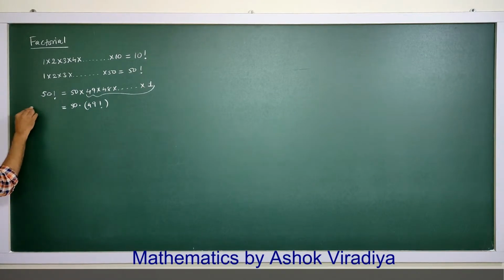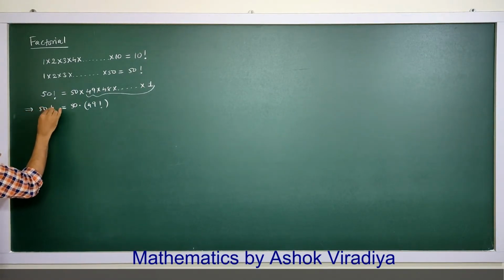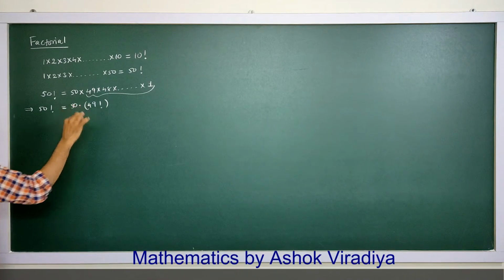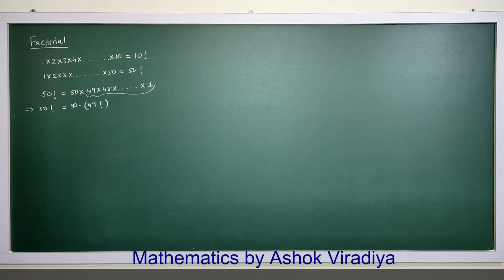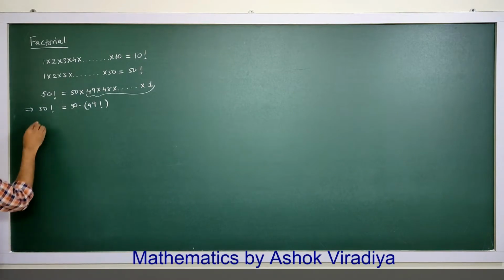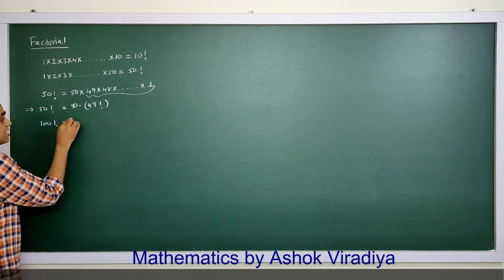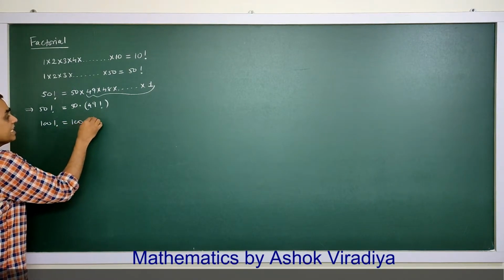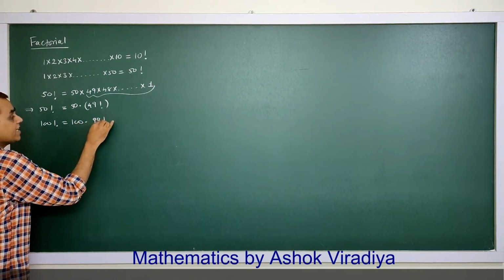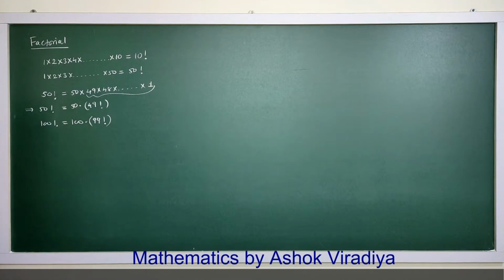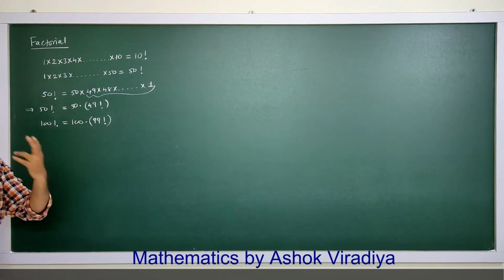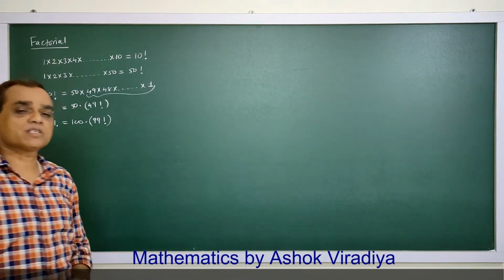So 50 factorial is 50 into 49 factorial. If we take 100 factorial, it can be expressed as 100 into 99 factorial. So it is the product of first 100 natural numbers.